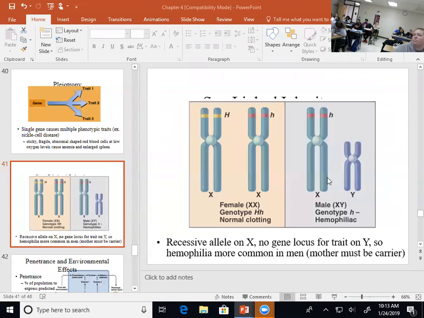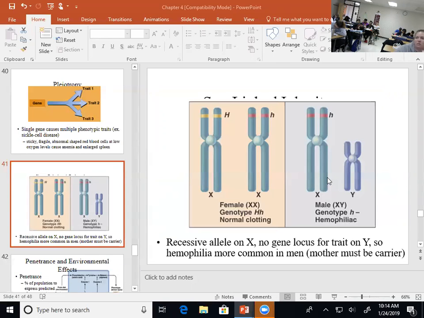This little Y, which is much shorter than the X, has a region that holds information called the SRY, the sex region of the Y chromosome. So if that Y chromosome is there, that gene will be expressed.